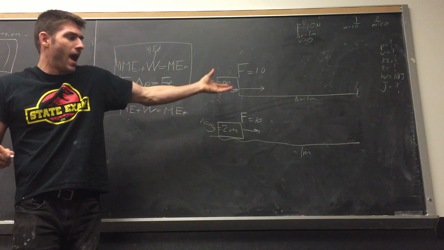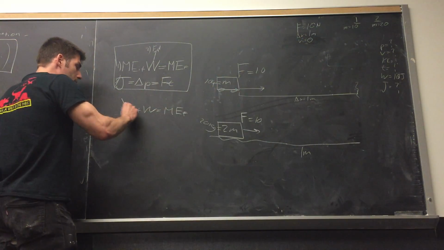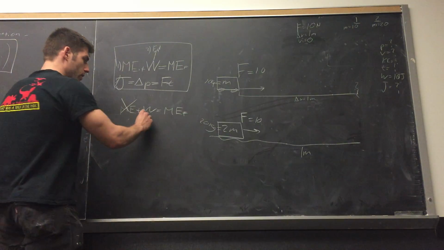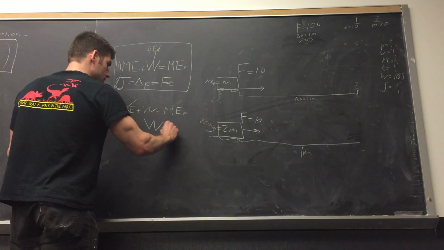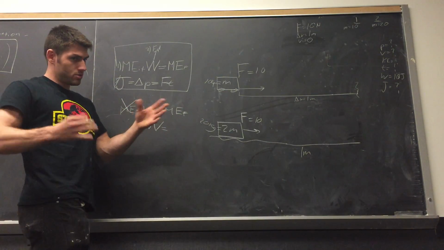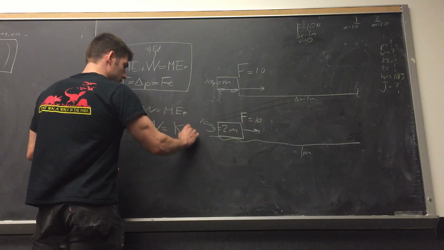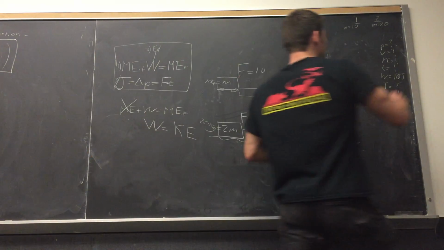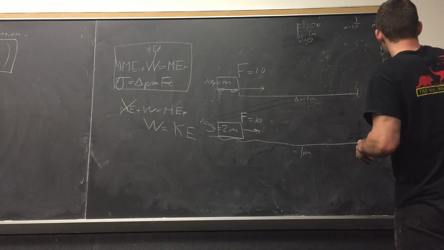All I would ever have here is kinetic energy. And if it's not moving, I don't have any kinetic energy. Kinetic energy is 0, which means that the work is just equal to the mechanical energy final, which again, there's no height, there's no spring, so it is just kinetic energy. Work is equal to kinetic energy. So I know that the kinetic energy is also 10 joules.